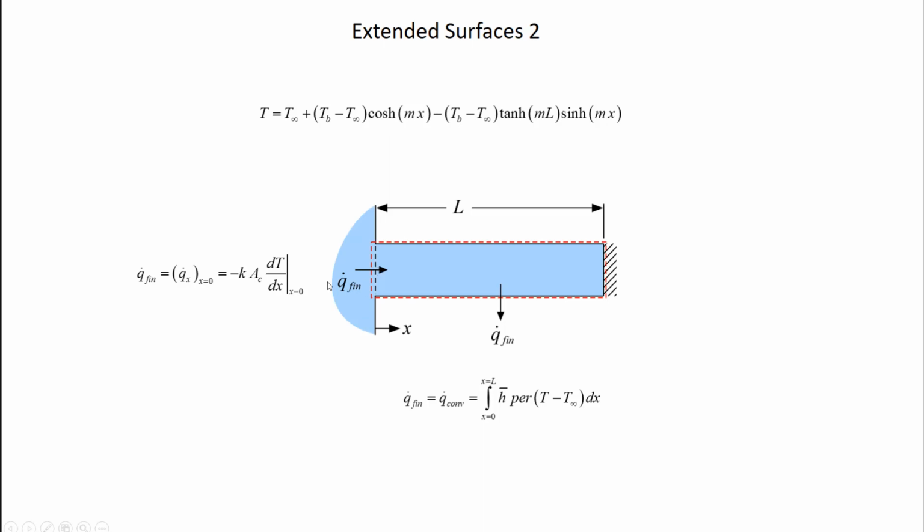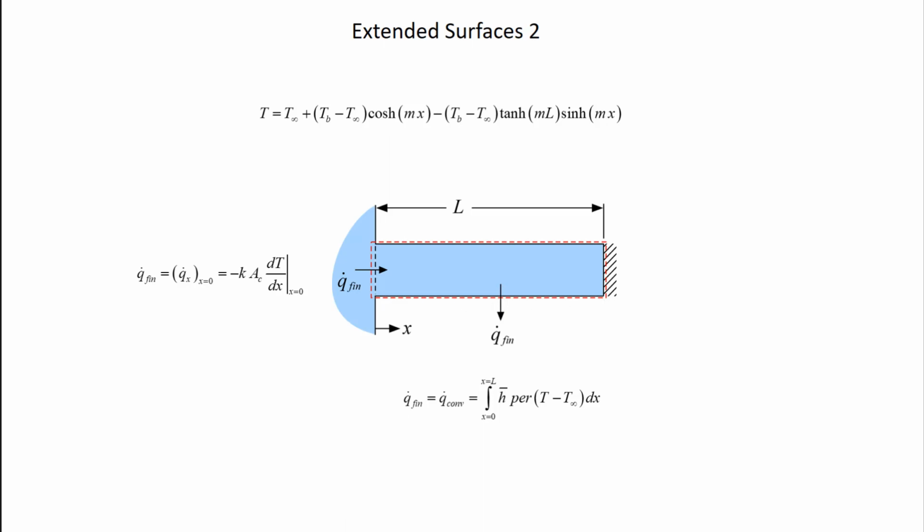If I want the rate of heat transfer by conduction at the base, then I would use Fourier's law here, evaluated at x equals 0, right? And that's what I get here. I would just take this temperature distribution and plug it in here at x equals 0. If I want the heat transfer rate by convection, now I would have to integrate the rate of heat transfer by convection all the way along the fin.